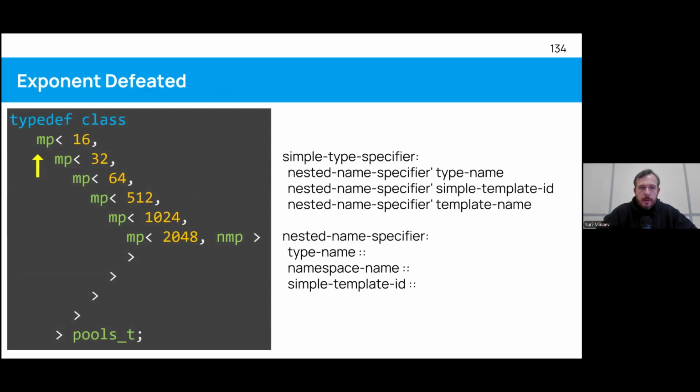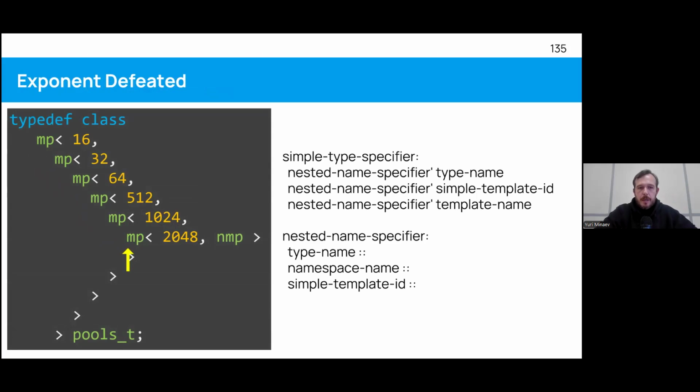How can we deal with that painlessly, kind of? Well, again, we go all the way down, and again, at some point, we successfully parse the simple template ID here.